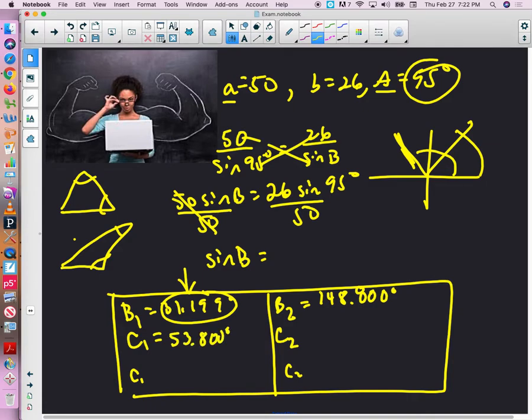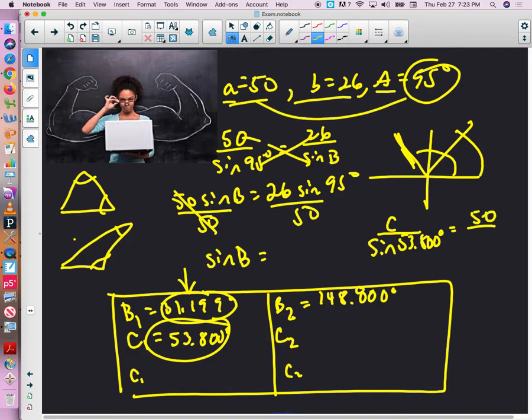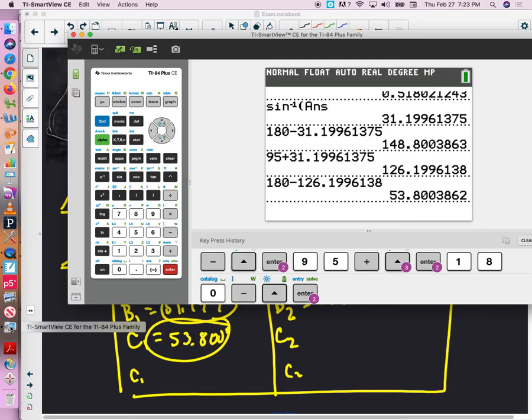And then I can find little c with the law of sines. You couldn't use the Pythagorean theorem with a, b, and c because it's not a right triangle. So I would say c over sine C equals a over sine A. So I'm going to cross multiply. Notice how I'm not rounding off; I keep using the long numbers.